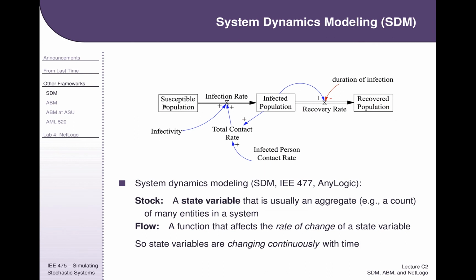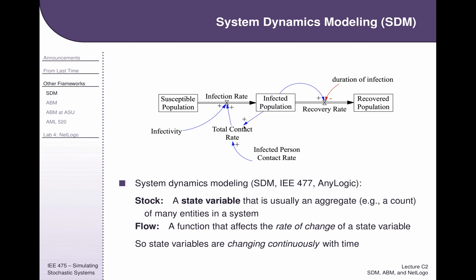So now we have a susceptible stock, an infected stock, and a recovered stock. And these arrows connecting them show that as this stock decreases, this stock will increase at the same rate. So that's why these flows are connected. And as this stock decreases, this stock will increase at the same rate.